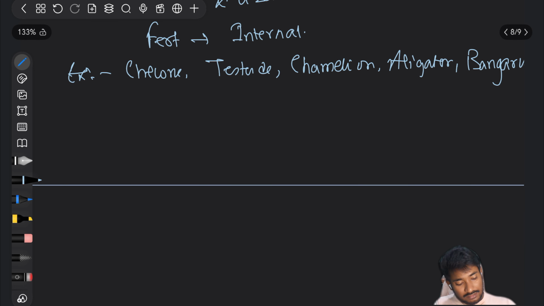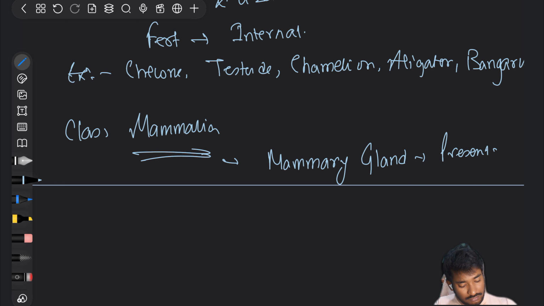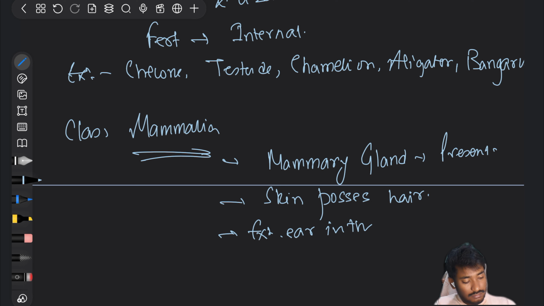The last is Mammalia. Mammary glands present. Skin possesses hair. External ear in the form of pinnae. Different types of teeth are found.